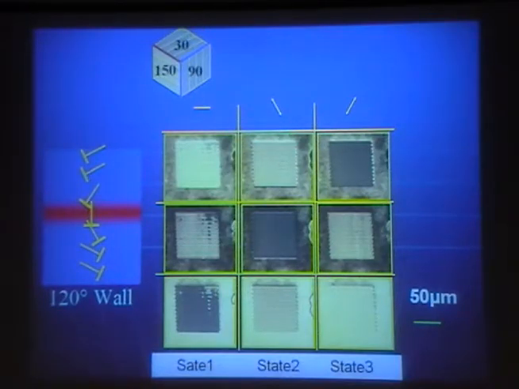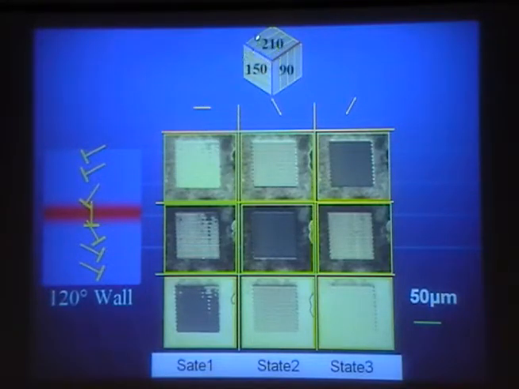Based on the concept of calculating the average macroscopic orientation, this is the individual orientation of the individual domains. Let's say starting with 30 degree, 90 degree, 150 degree.